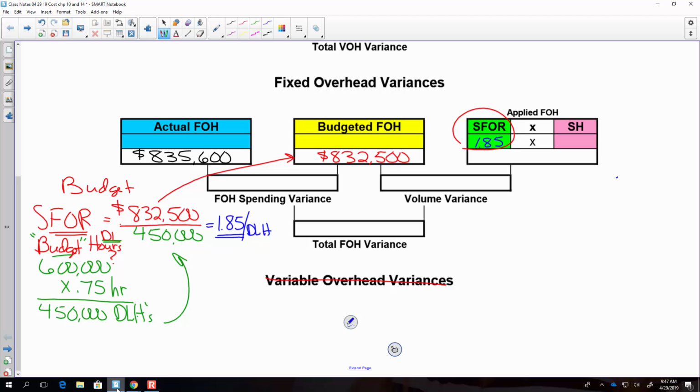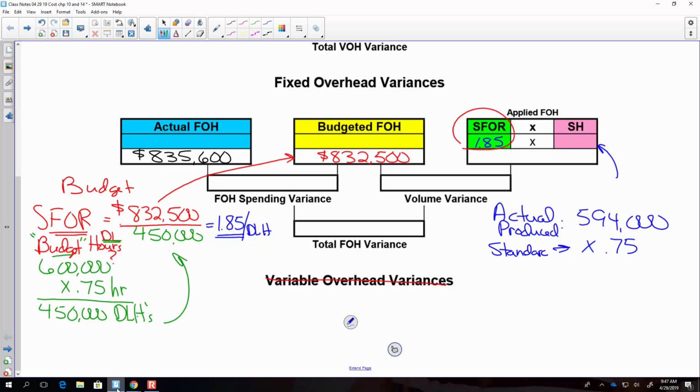I wanted to get, how do I get this number here, the SH then? The actual we made times the standard rate. Very similar to what we did in direct materials. How many did we actually make? 594,000. And we have to multiply it by what? By 0.75, the standard rate.